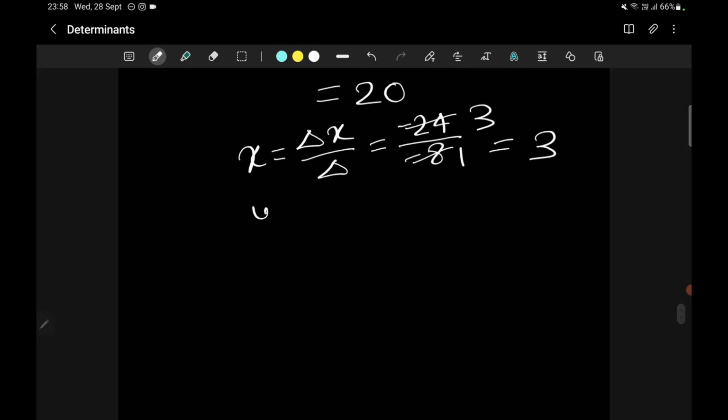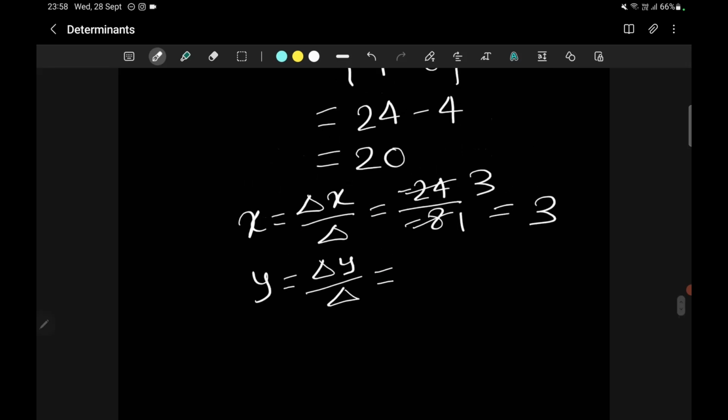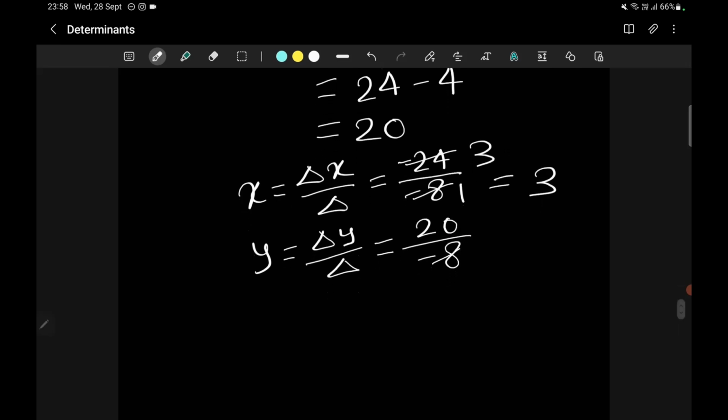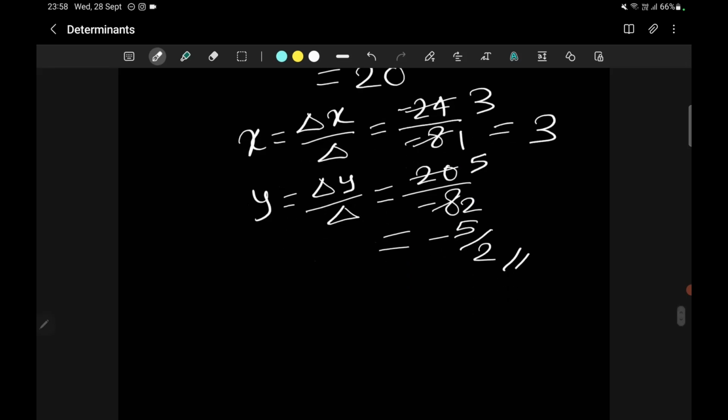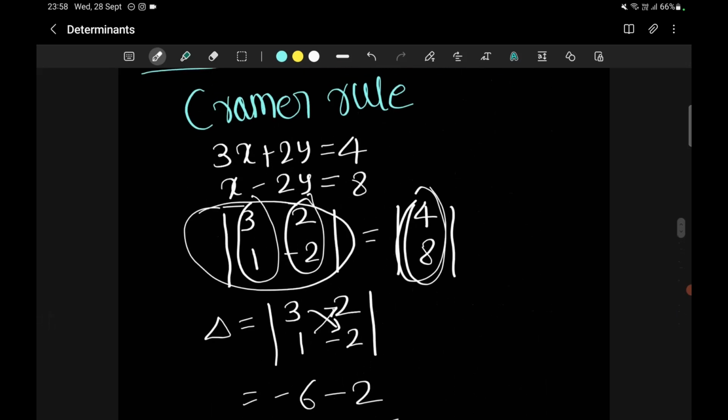Now we have to find y. For that, delta y divided by delta. Our delta y is 20 and delta is minus 8. This is minus 5 by 2. This is how you can solve Cramer's rule with 2 equations.